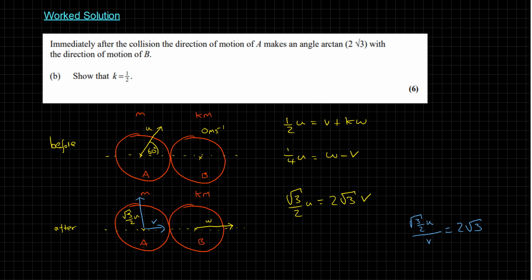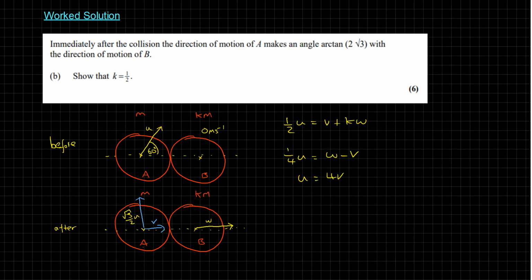In fact, no, that's overcomplicating it. Let's just get rid of the √3s entirely. So we'll end up with a half U equals 2V, or in other words, U equals 4V. Yeah, that's much simpler. Okay, so U equals 4V. Let's stick that down.